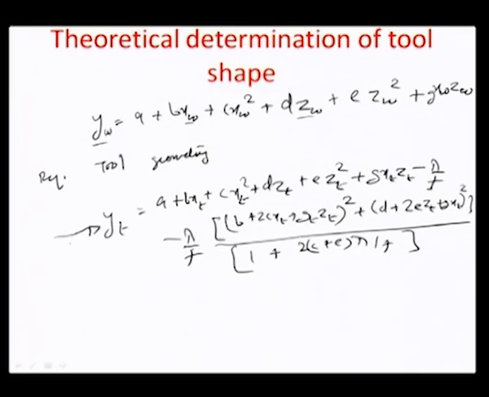So that is how the 3-dimensional relationship would exist between the y, x and z on the tool side if a given relationship, so called yw in terms of some function f of xw, zw exists.